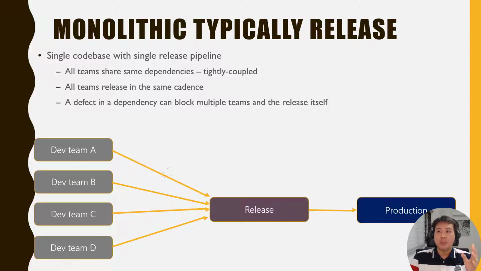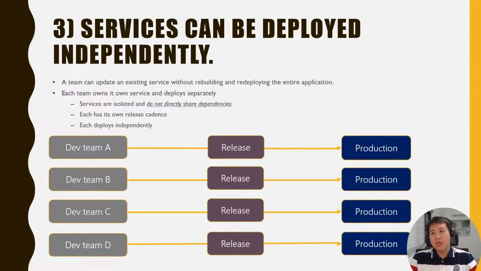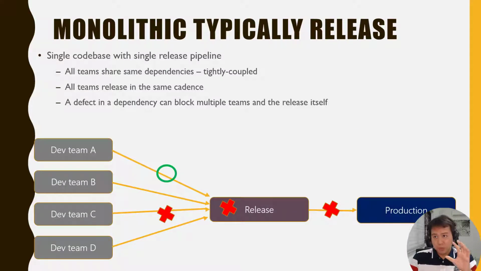So if team A encounters an issue, even though teams B, C, D are good to go, the release won't be successful. And because of that, you won't be able to proceed to production. Now, let's say we fix the issue on team A, and then we realize that team C is now the team having another issue. Similarly, we won't be able to proceed with the release to production.